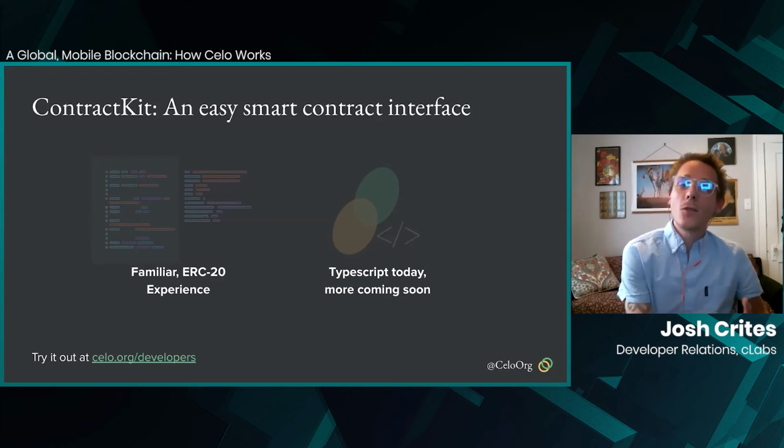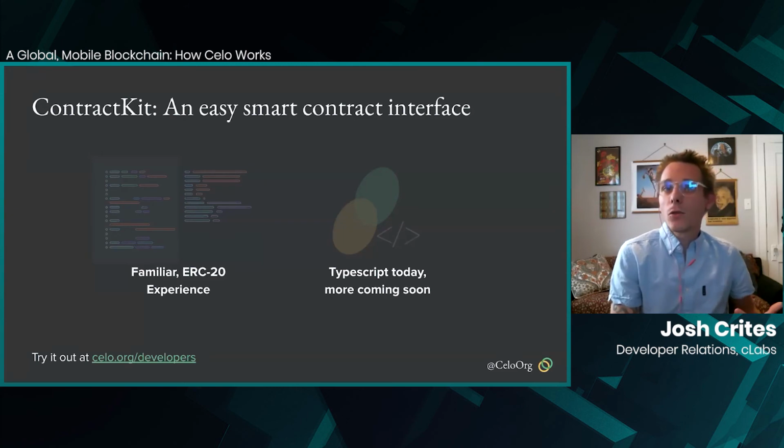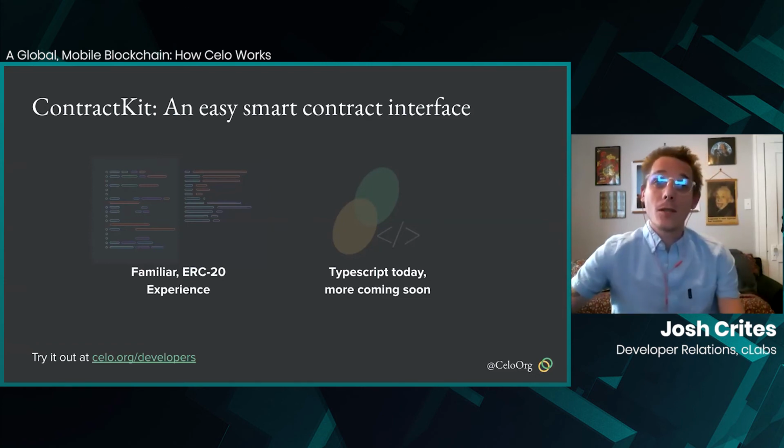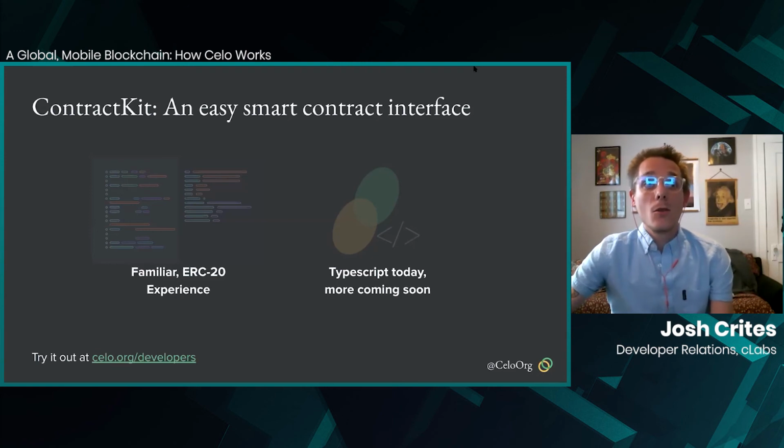And contract kit is currently written in TypeScript, so it easily integrates with any JavaScript or TypeScript project, and we're hoping to support more languages soon. And we welcome any contributions from the community to either contract kit or dApp kit. As Connor mentioned, this is a fully open source project, so as you guys start playing with this, we'd like to hear what you are interested in adding, and would like to help you add it as well.